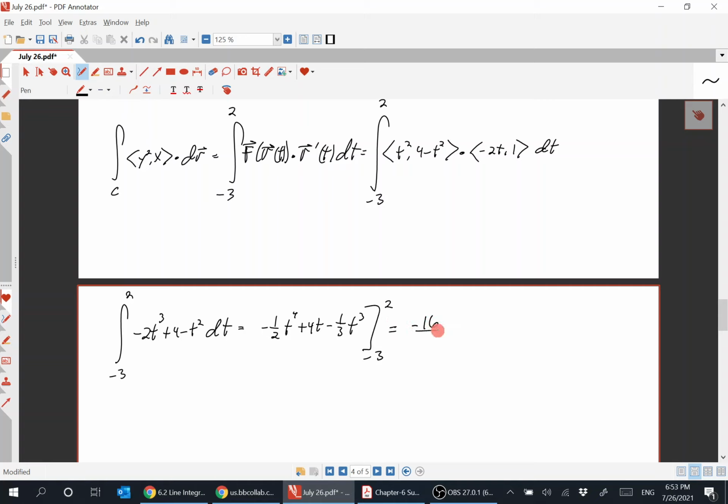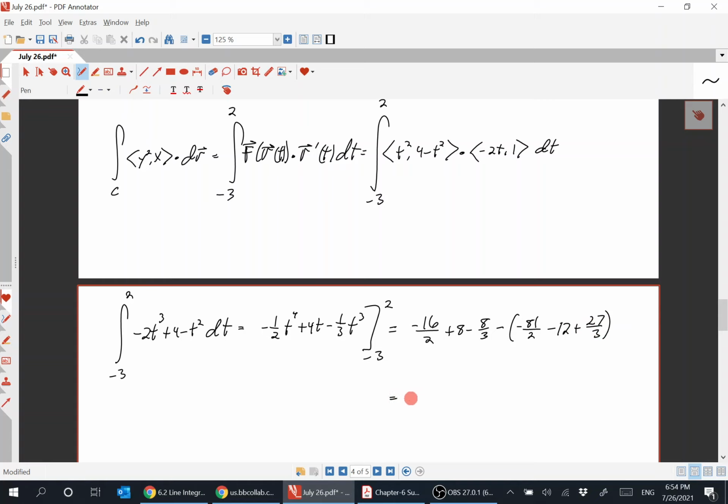So minus 16 over 2 plus 8 minus 8/3, and then at minus 3, so 81/2 minus 12, and that's plus 27 over 3.